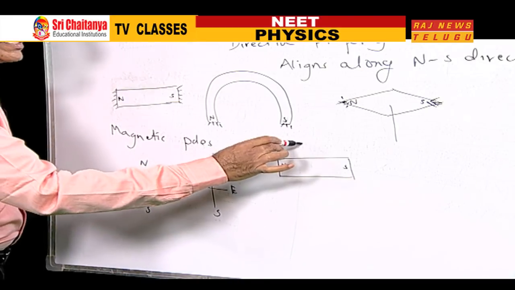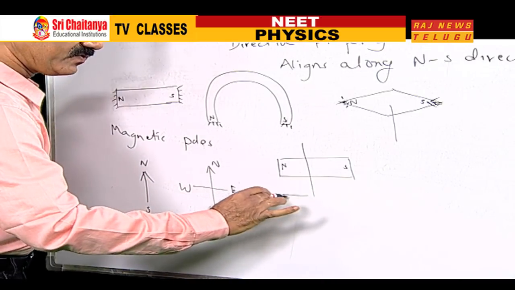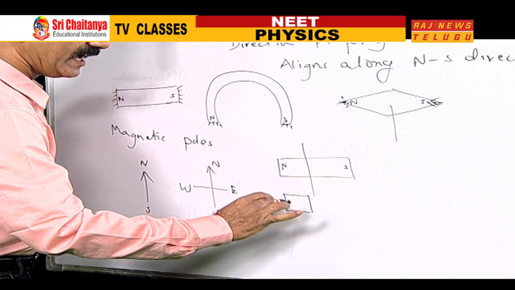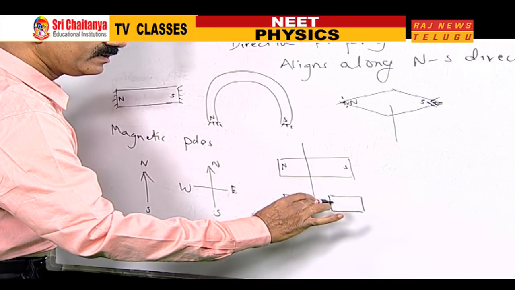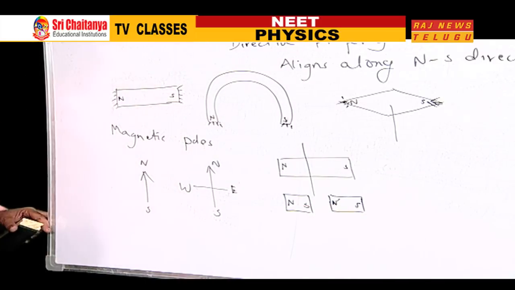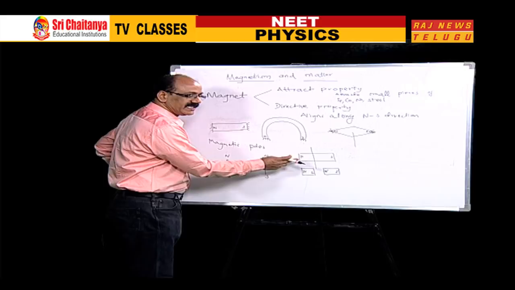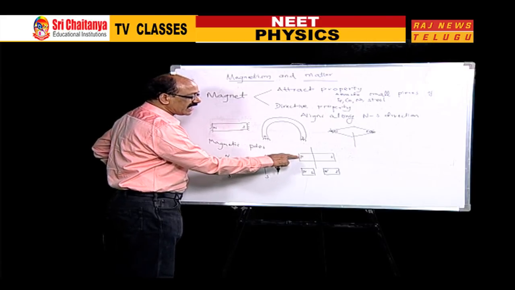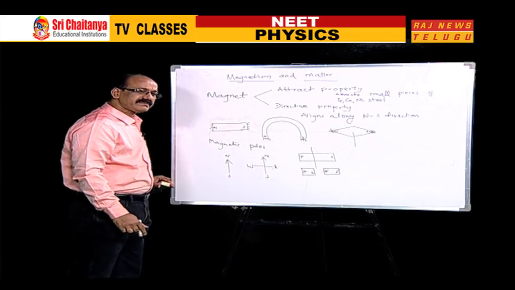If you cut this magnet into two pieces, each piece again is found to have two poles but of weak magnetic properties. That is, the magnetic pole strength, or the ability to attract the other magnetic pole, is not the same. It has weaker properties.